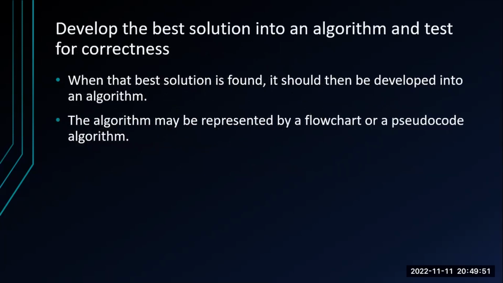When you have found this best solution, you would then go to the next step, which is to develop it into an algorithm. This algorithm may be represented by either a flowchart or a pseudocode algorithm.